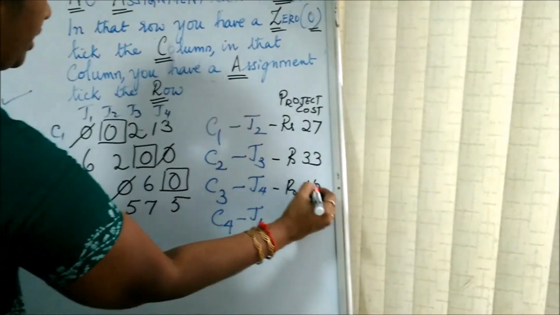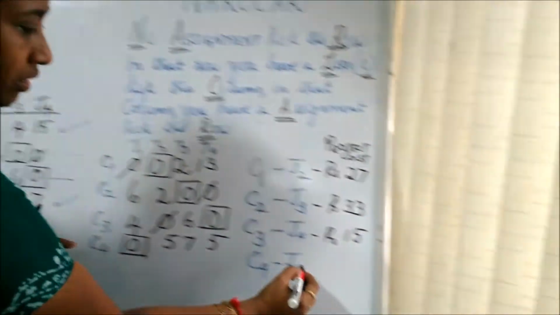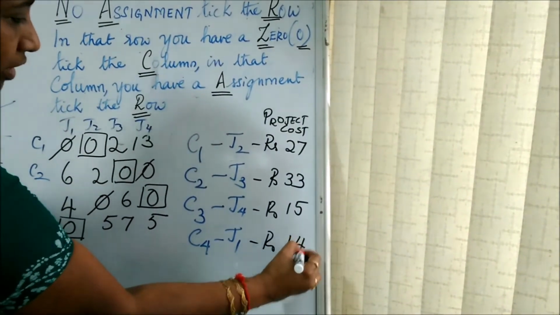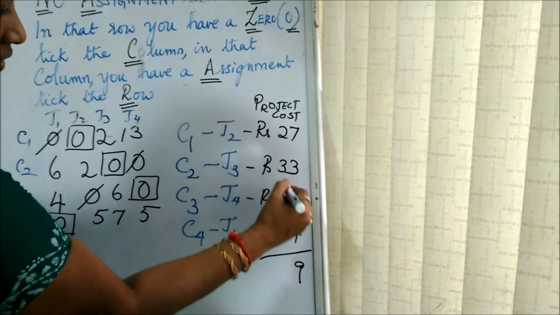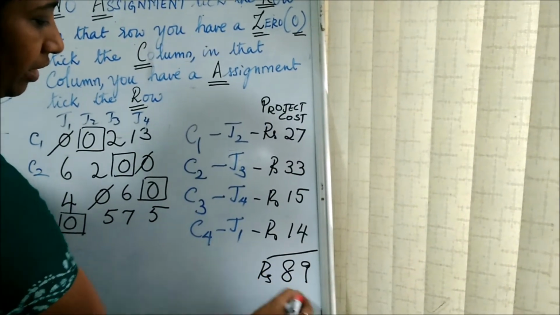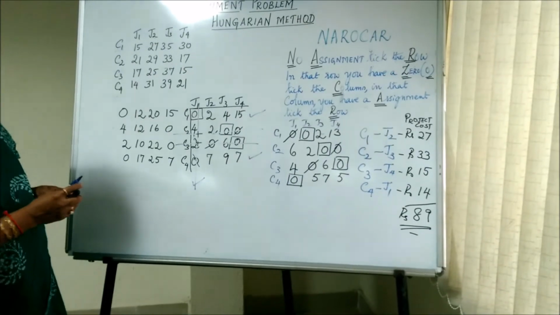C3 does job 4, so the cost is 15 rupees. C4 does job 1 and the cost is 14 rupees. Now find the total, and the total cost is 89 rupees, which is the optimal solution.